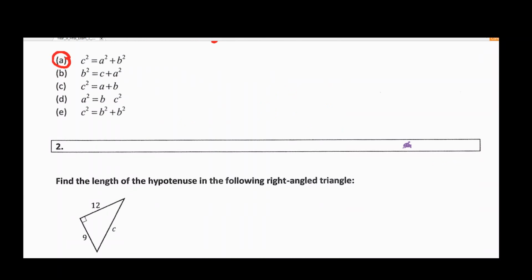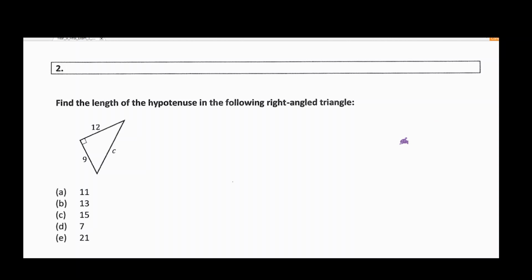Next question. Number 2. Find the length of the hypotenuse in the following right-angled triangle. So here, we've got our long side C and our two short sides, 9 and 12.